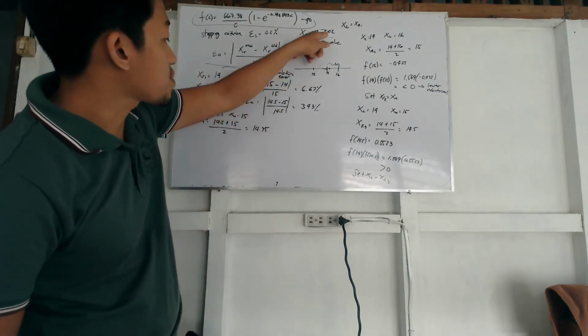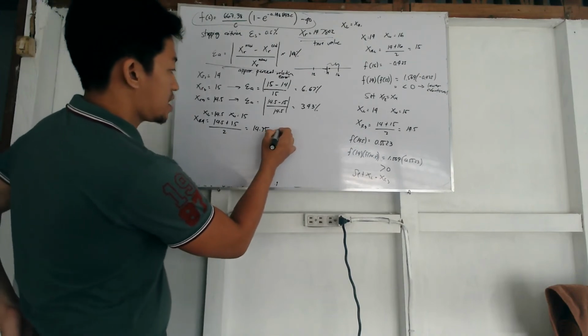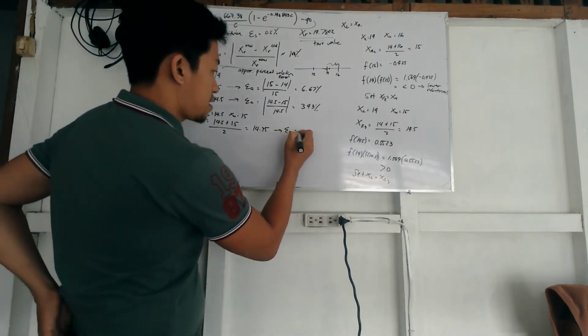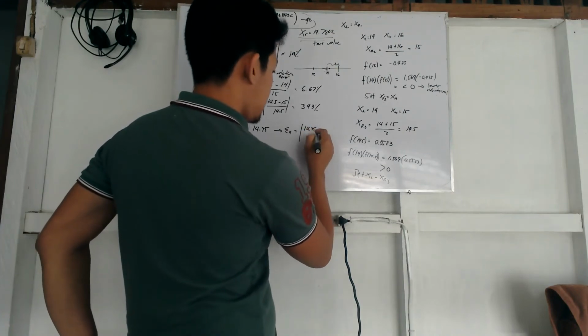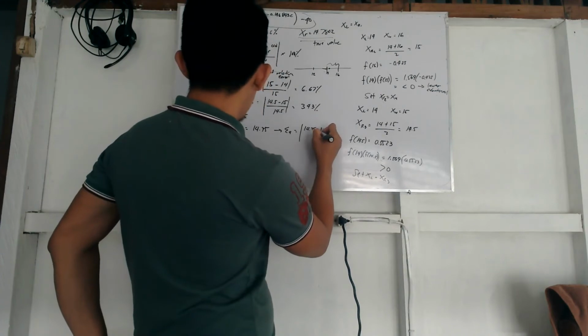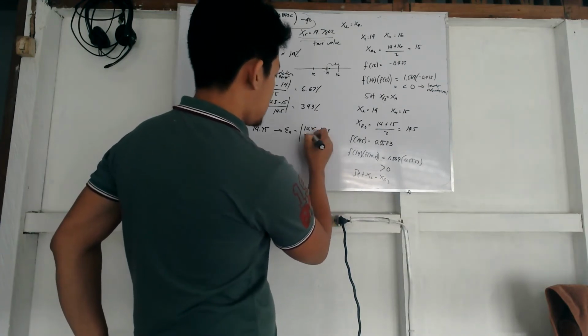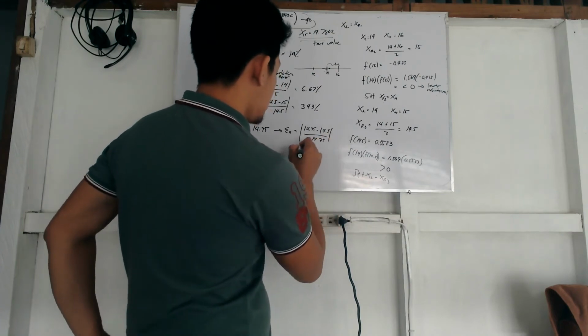Oh, ang true value is 14.78. Dol na. So the approximate error is 14.75 minus the old value 14.5 over 14.75.